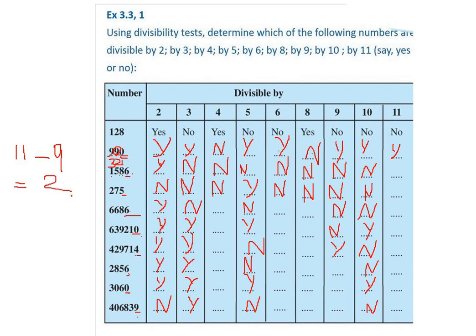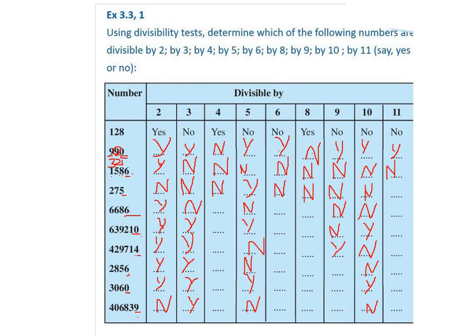What answer is expected for the divisibility test of 11? Either 0 or a multiple of 11. We are getting neither 0 nor 11. So what can we say? We can say no, it is not possible for 1586 to be divided by 11, and we are not going to get the remainder as 0. In a similar manner, you are going to do the rest.